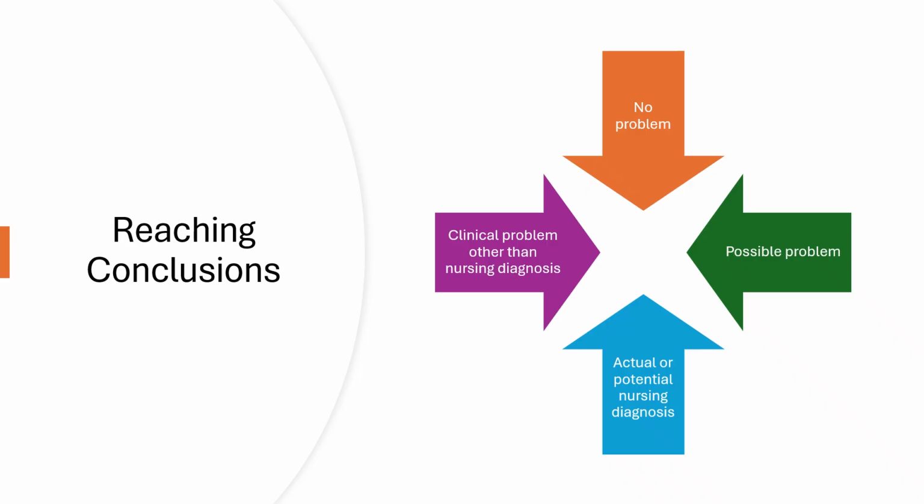Clinical problems other than nursing diagnoses may also occur at this time. This is the time to collaborate with a broader healthcare team. Key takeaway here is that your clinical judgment is going to drive your care plan. Whether confirming a diagnosis or promoting wellness, your decisions will shape patient outcomes.